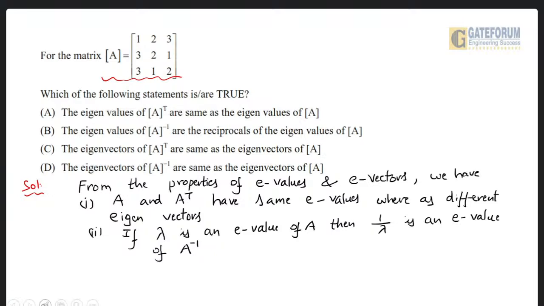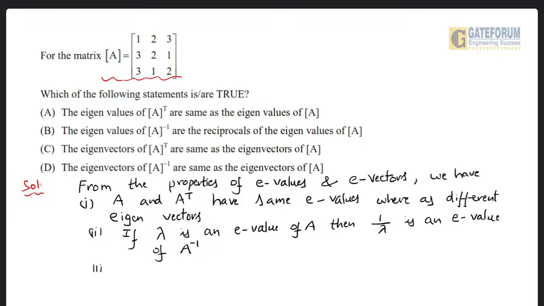Okay. That means eigenvalues of A inverse are the reciprocals of eigenvalues of A. That is, eigenvalues of A are the reciprocals of eigenvalues of A inverse also. You can take it as 3.